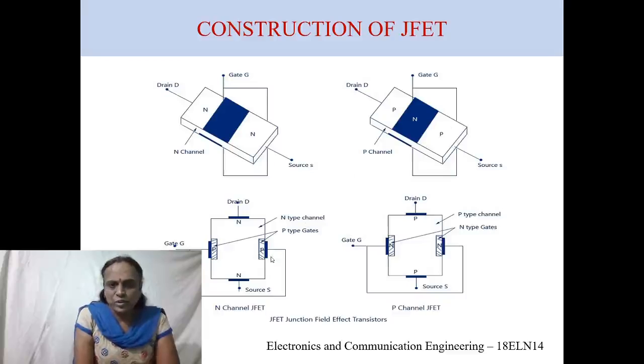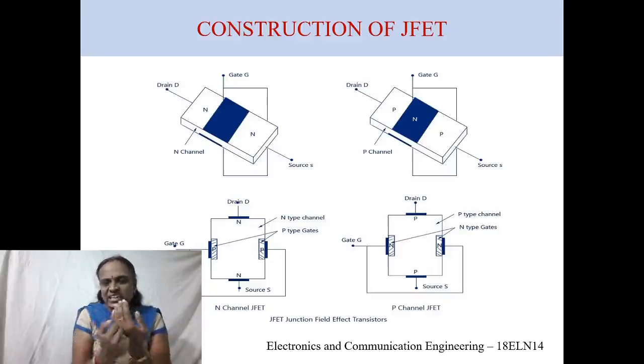Coming to the representation of this construction, we can see here the drain, gate and source. You can see that there are two P-type gates at the ends. They have been sandwiched. You can consider it like a cylinder, where at the middle of the cylinder there is something pasted.